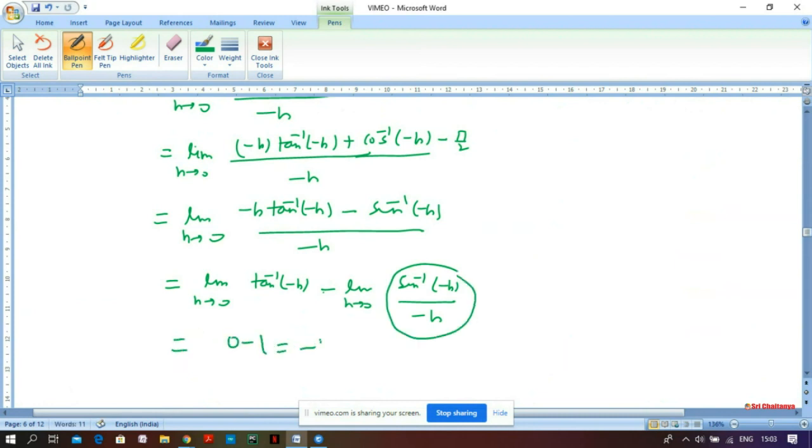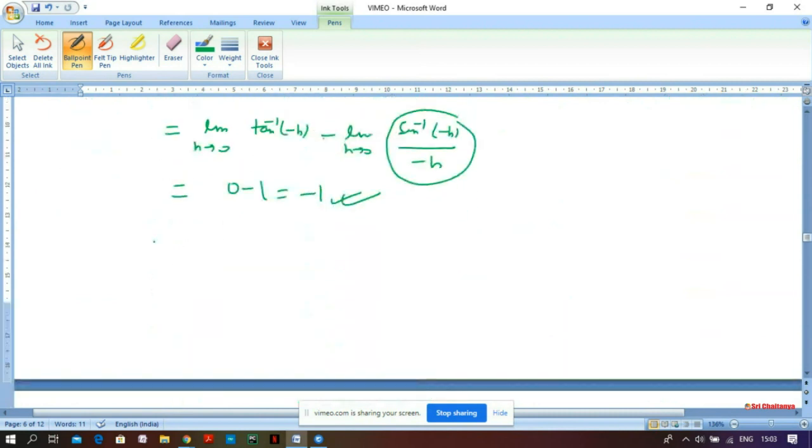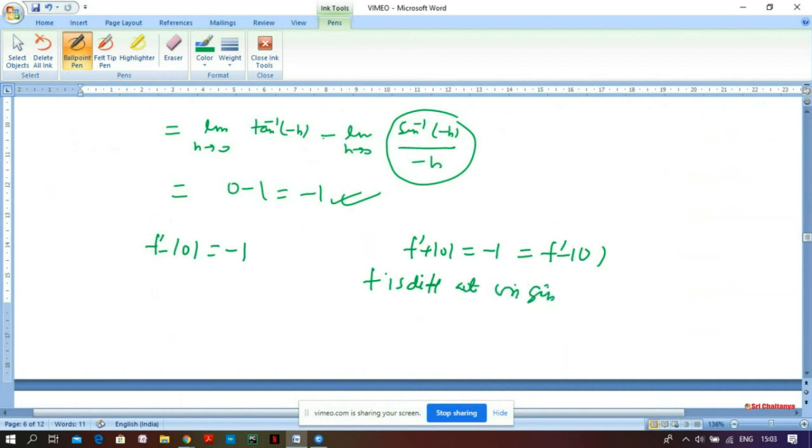So again, the answer is negative 1. It means from this and from this one, we get that the left hand derivative f prime negative 0 is also minus 1, as f prime plus 0 is negative 1 and equal to f prime negative 0. We say that f is differentiable at the origin.